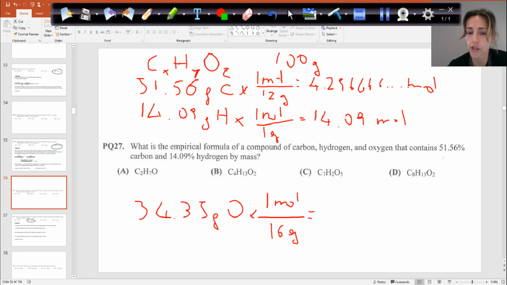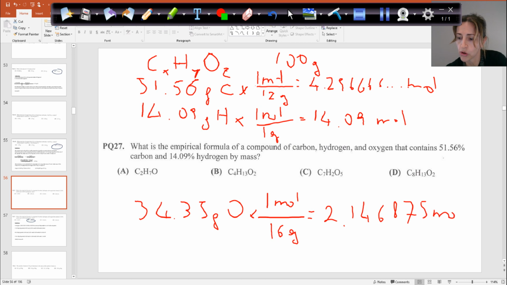Of course, if you use the actual mass from the periodic table, you get a slightly different number, but it should be good enough. And then we have 34.35 divided by 16, and that gives us 2.146875 mole. That's all my calculator gave me.